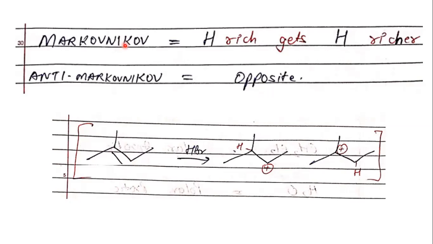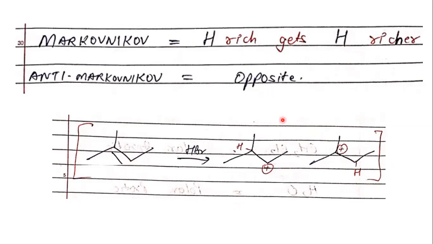As per the Markovnikov rule, the hydrogen-rich carbon gets hydrogen-richer. This one has 1 hydrogen and this has 0 hydrogens, so the hydrogen-rich carbon is going to form another bond with H. So another H attaches to this carbon, and here your Markovnikov addition is taking place.